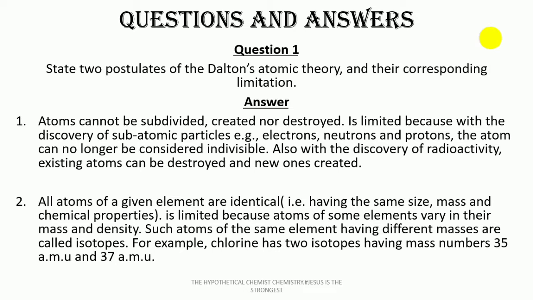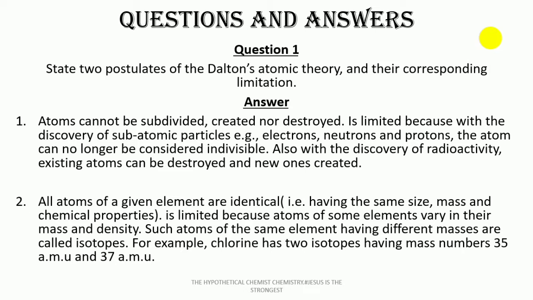That is the right way to answer a question of this nature. So I selected just two. Atom cannot be subdivided, created, nor destroyed, and the limitation is that with the discovery of the subatomic particles, examples of which are electrons, neutrons, and protons, the atom can no longer be considered indivisible.